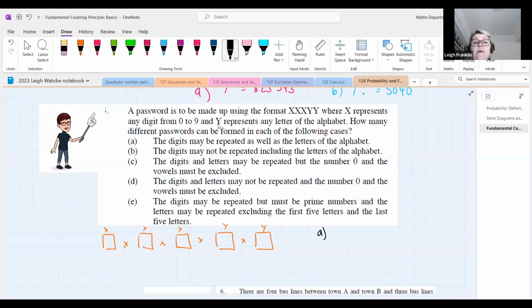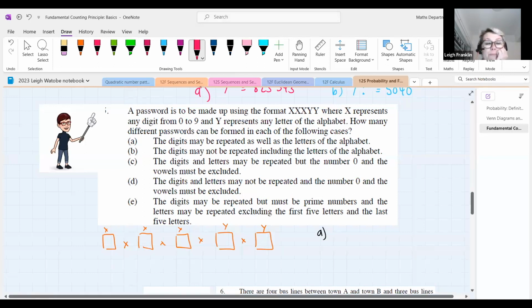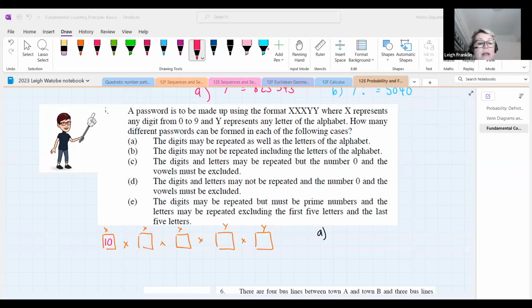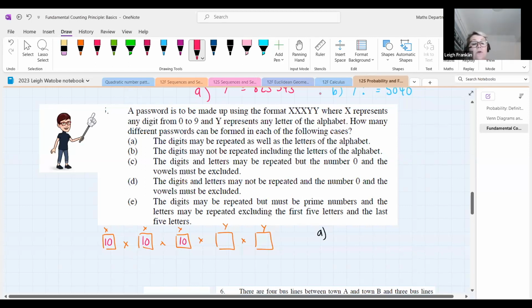Remember, it's saying to us here, the digits can be repeated and the letters can be repeated. In 10 ways. Because we're allowed to repeat things, there would be 10 ways in which we can fill the second block and 10 ways in which we can fill the third block.